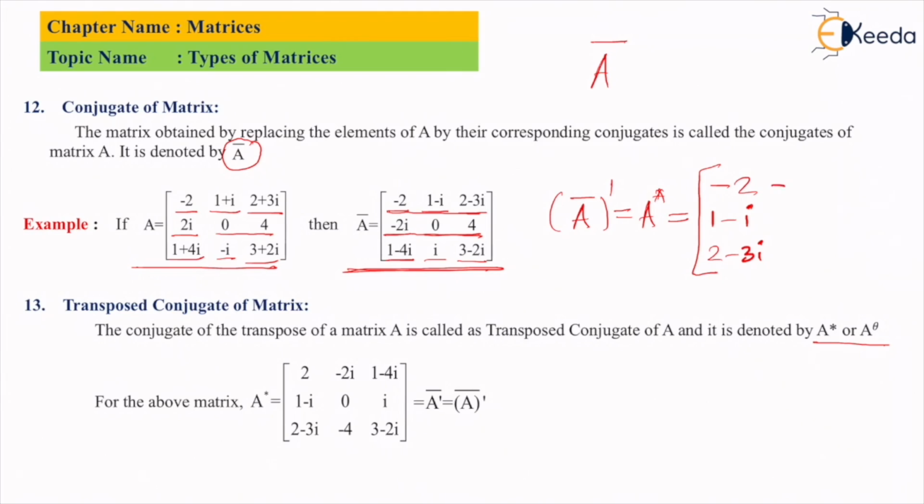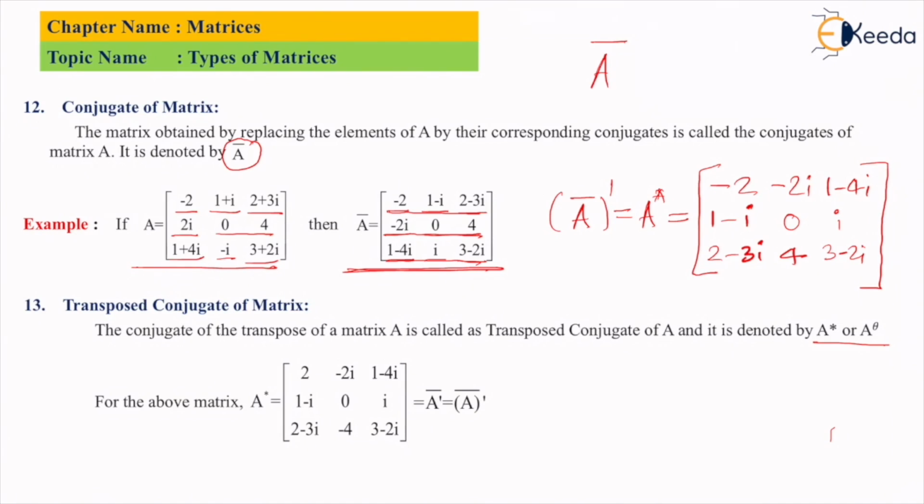So here I'll write minus 2i, 0 and 4. That will become my second column. The third row is 1 minus 4i and 3 minus 2i. That will become my third column. So 1 minus 4i and 3 minus 2i.